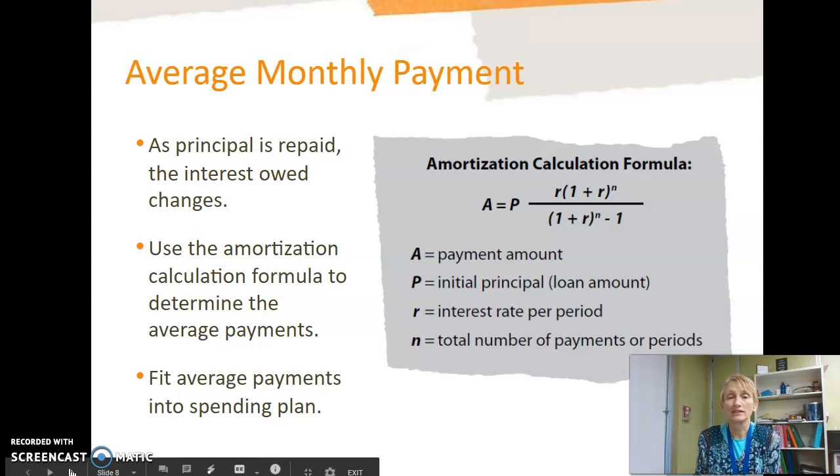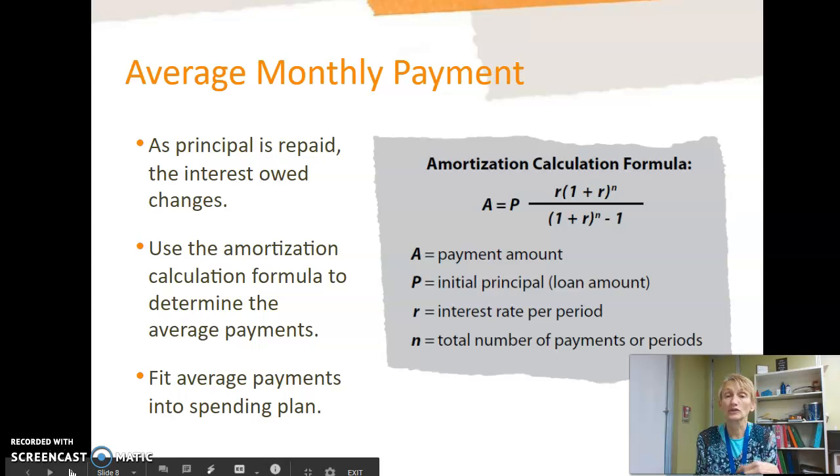Now, if we're doing monthly payments, this is a big formula. This is an amortization formula, and it gives you the payment. The A is the amount of payment. Principal is how much you're borrowing. Those R's are the interest rates, and N is the total number of payment periods.